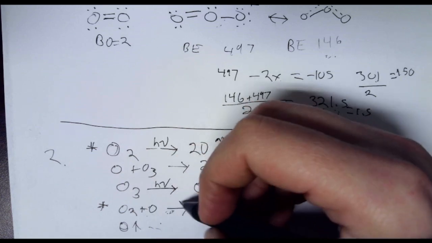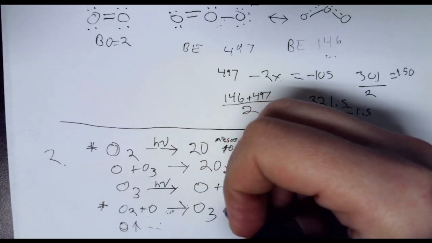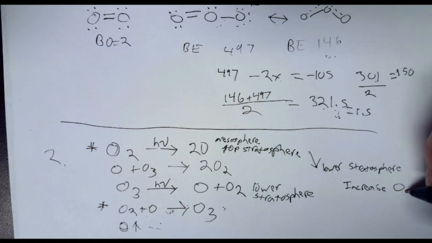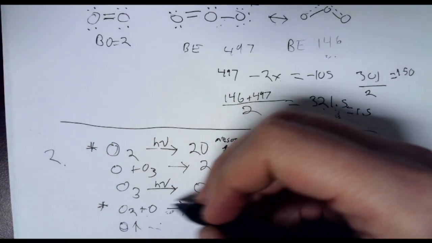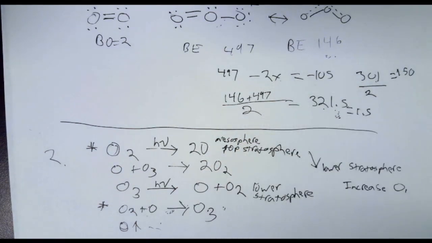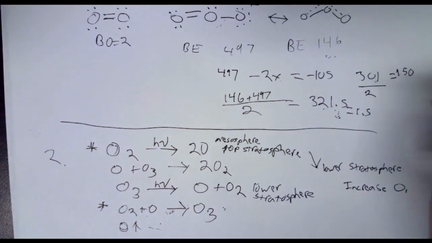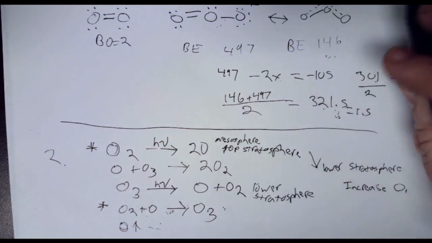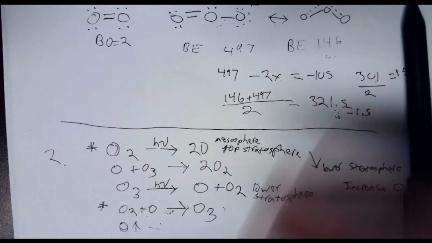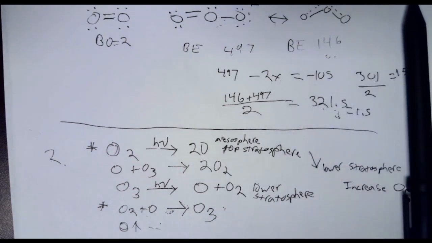This reaction will speed up, and so we'll replace some of the O and turn it into the ozone. And so in this way, we are going to self-heal through that reaction. So thus reforming it.